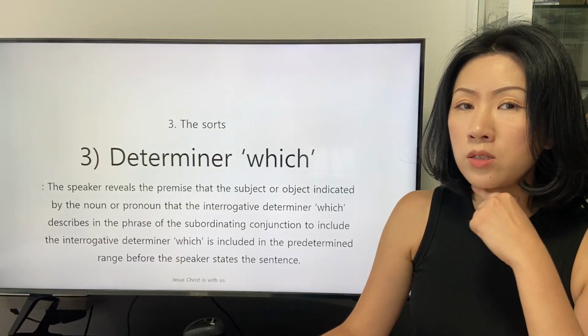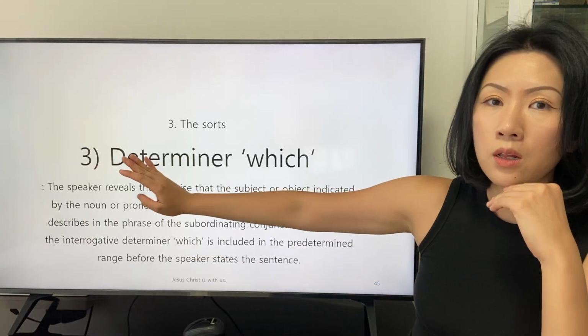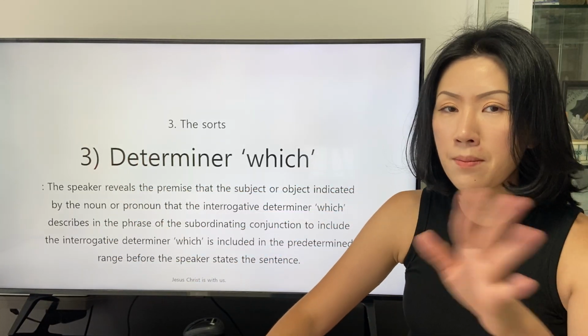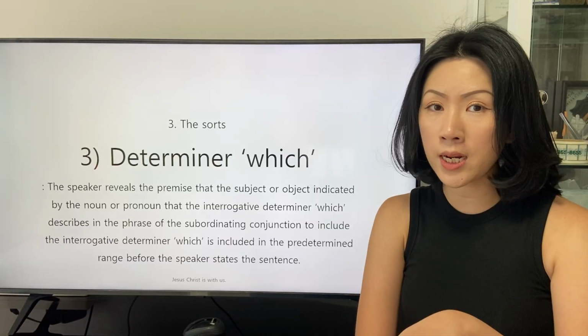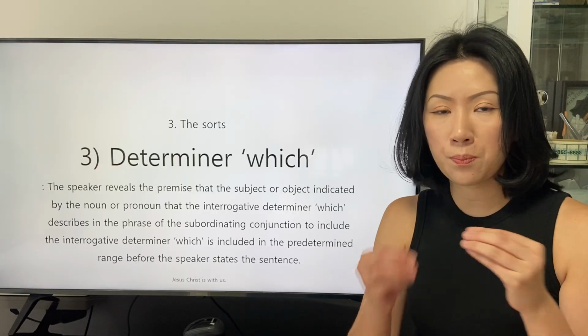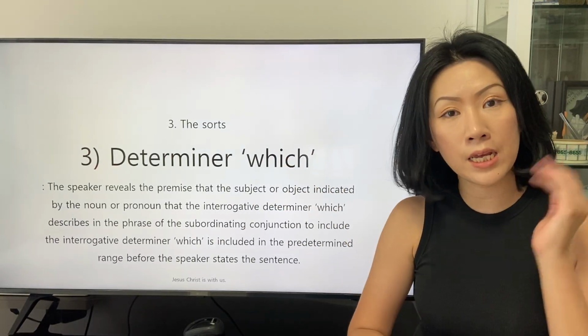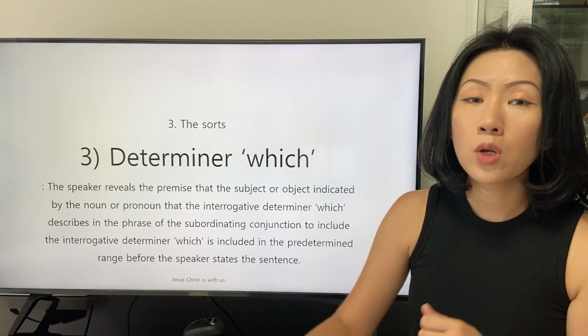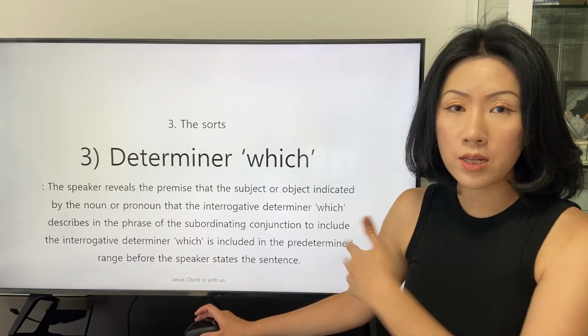And we can also admit that the premise for applying the determiner which as a subordinating conjunction is the same as the premise for applying the determiner which as the interrogative determiner. So let's read the explanation together.